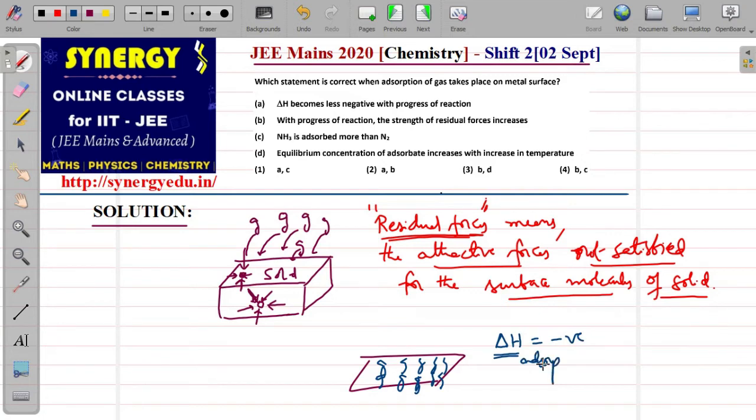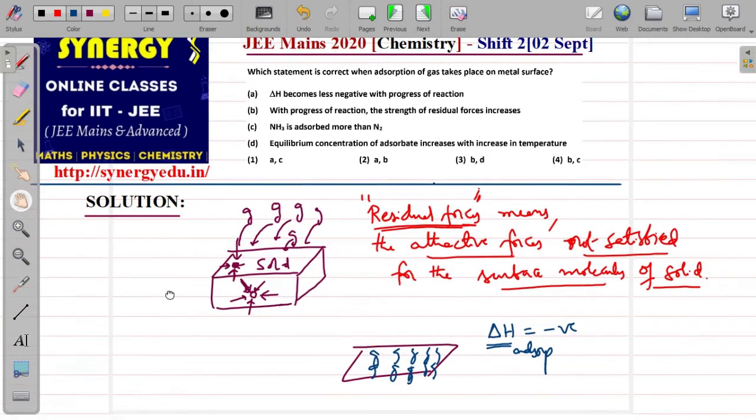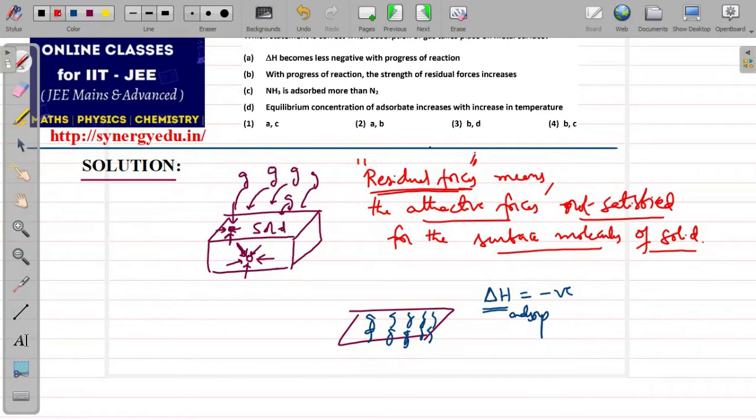But the magnitude of this negative value keeps decreasing with time, because as more and more gas molecules occupy the surface of the solid, the residual forces become less and less. Therefore, the adsorption process becomes weaker and weaker as time proceeds.